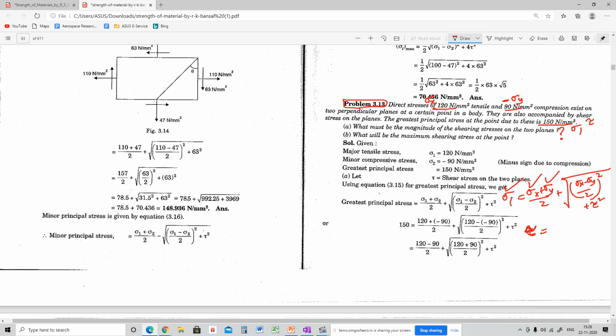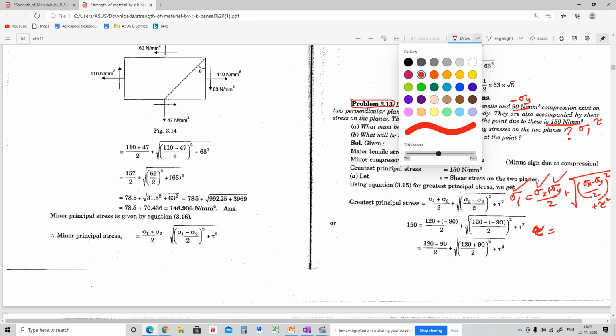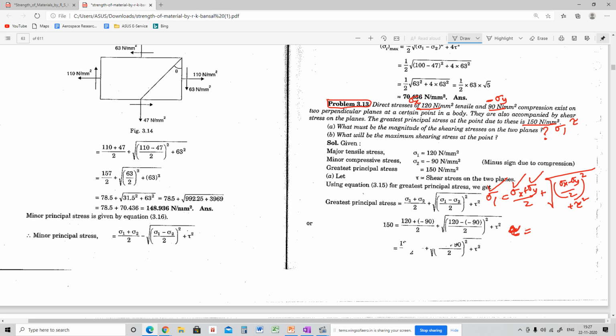Could you understand? Just unmute and let me know. Ma'am, they have denoted the axial stresses in terms of sigma 1 and sigma 2. That's why I said do not look into this thing.